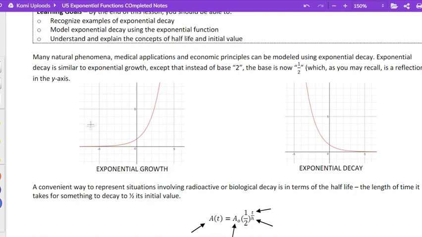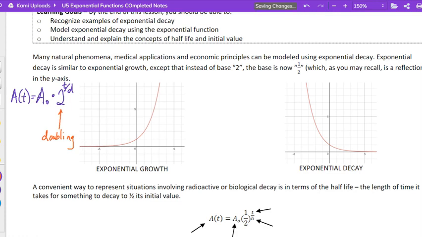In yesterday's lesson we looked at exponential growth. Let's just remind ourselves of this equation. For exponential growth, this equation solves for the amount remaining at time t, or the amount that something has grown. We look at the original amount and we multiply it by a base of 2 to the power of t over d. This 2 represents the doubling.